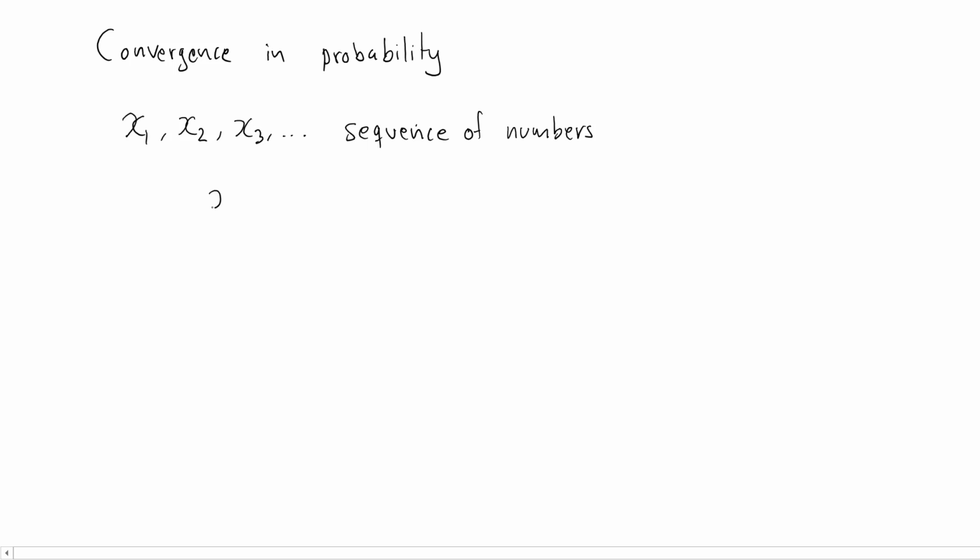Let's say, for example, that xn, the number at position n in this sequence, where n is any natural number, is given by 1 minus 1 over n, such that x1, the first number, is then 1 minus 1, 0, x2 is 1 minus a half, that's 1 half, and so on.